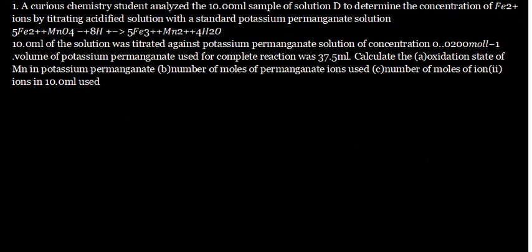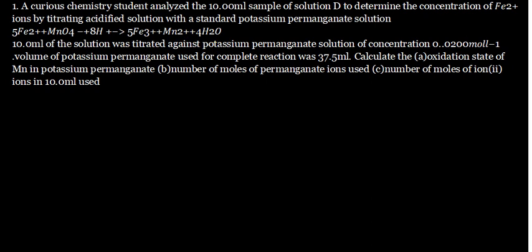Remember, the potassium permanganate is standard. Now, this is a redox titration. There are some ions which are spectator ions which are cancelled in the reaction. That is why from this reaction you'll not be able to see some elements or some atoms.